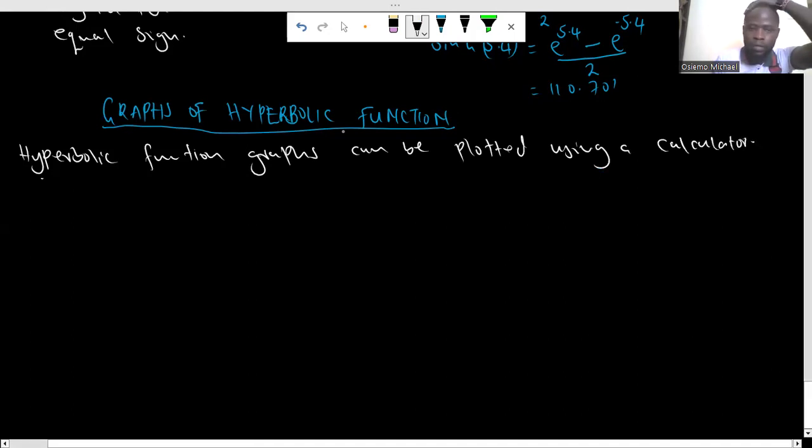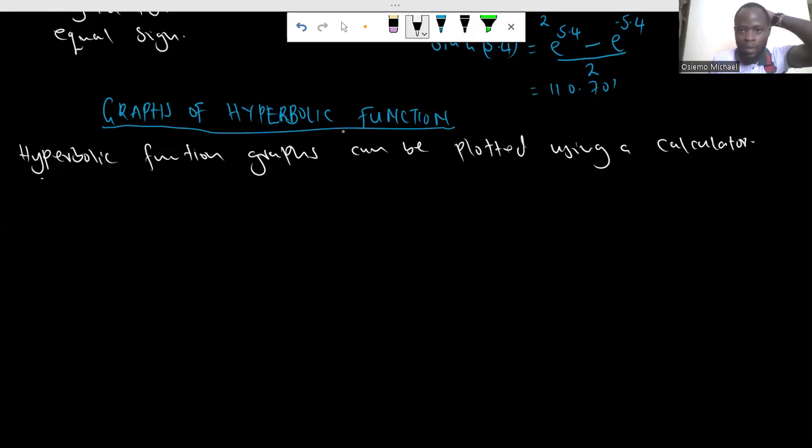And by using a calculator, it means that we are using the calculator to obtain the values of the dependent variables.